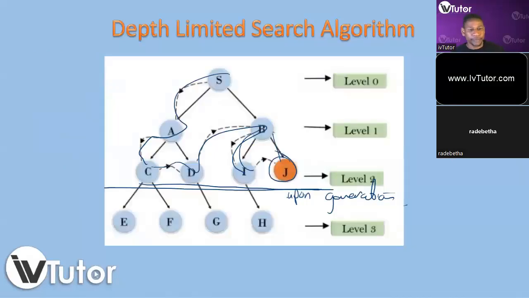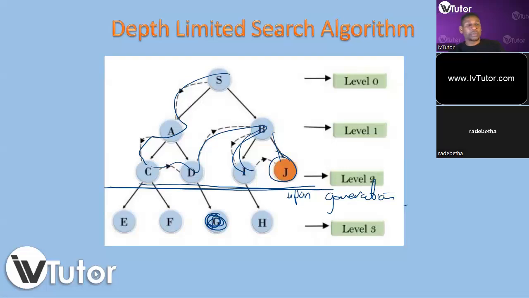If the solution is not on level 2, what's going to happen? It is not going to return a solution. Say the solution was AG, and the limit is level 2. It is going to return and say no solution found.